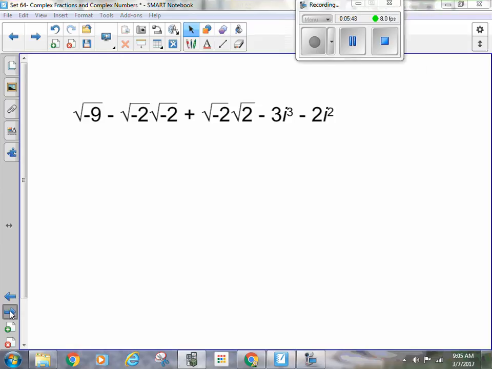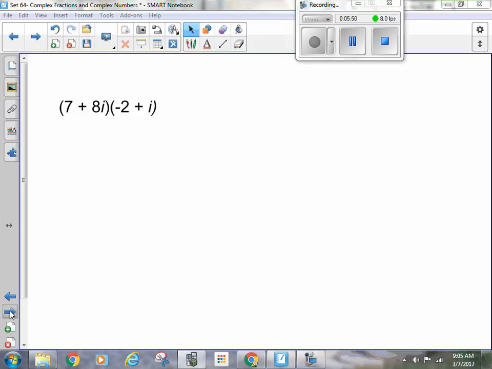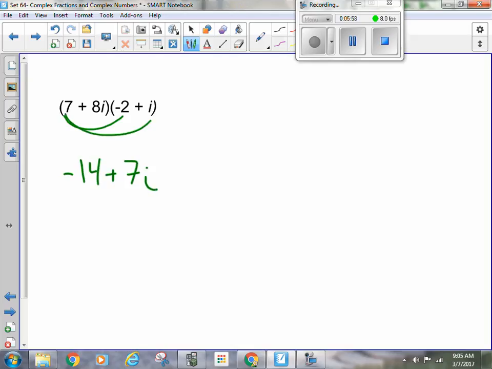Okay, then we see that we can FOIL things that are complex numbers. FOIL, or you can use your box method. Either one is going to work just fine. Okay, I get negative 16i and 8i squared. And then you look for like terms.